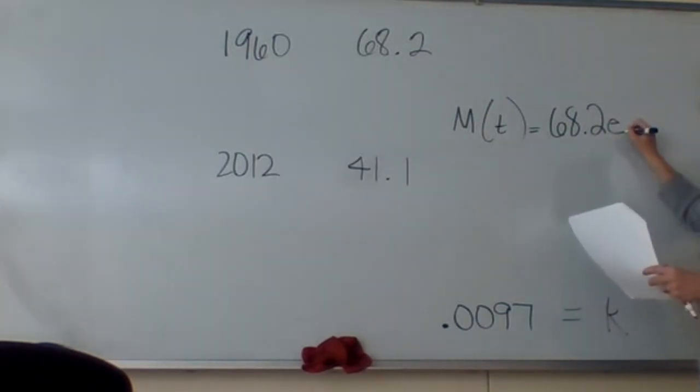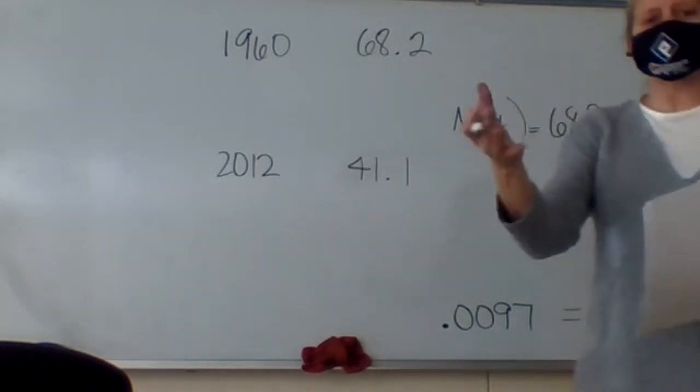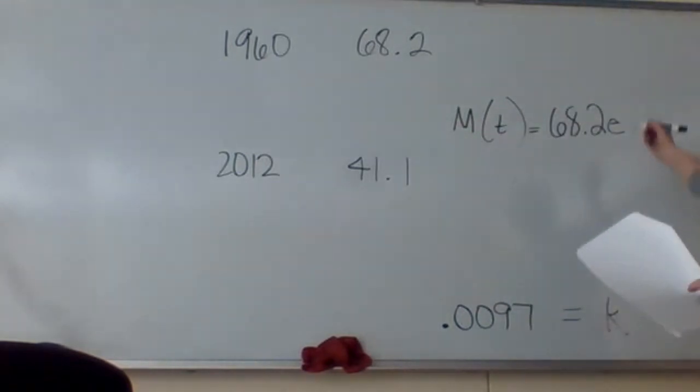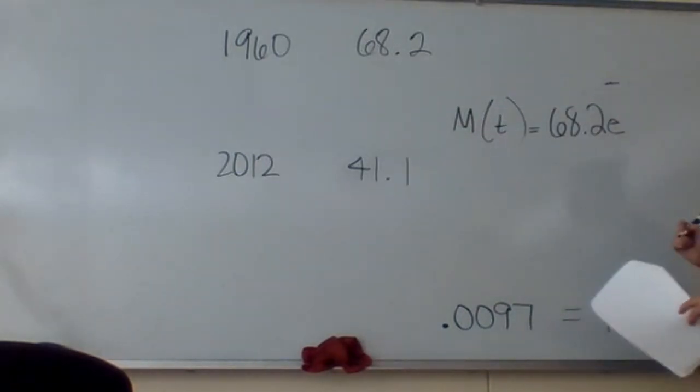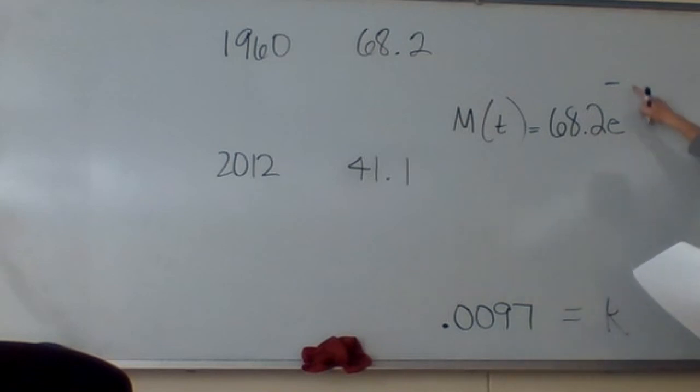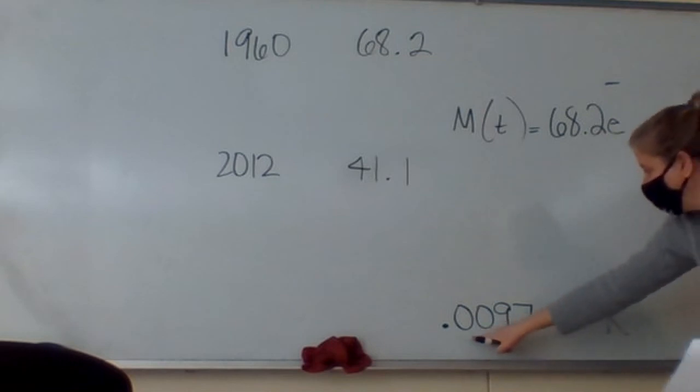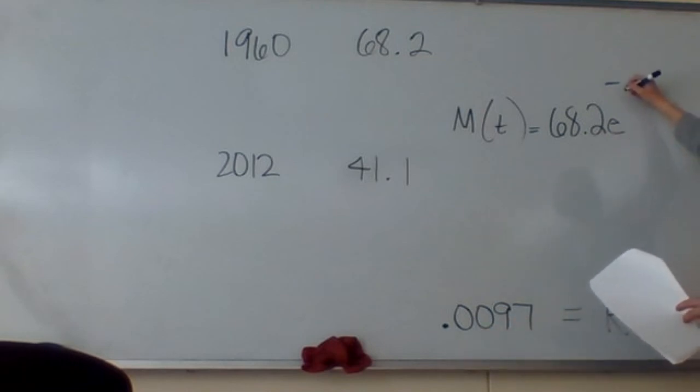E. Now, your formula, since you are declining, is going to have a negative in it this time. That's what's going to tell you to decline. The negative, then KT. Well, now I know what K is, 0.0097 T. So that's going to be your formula.